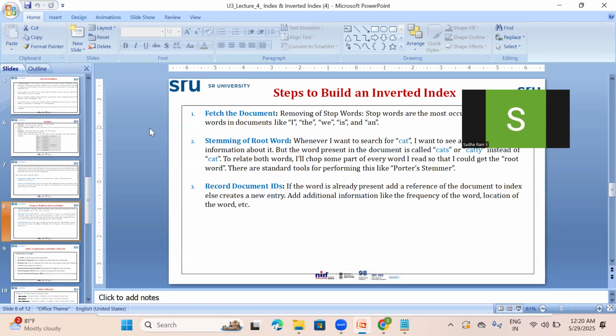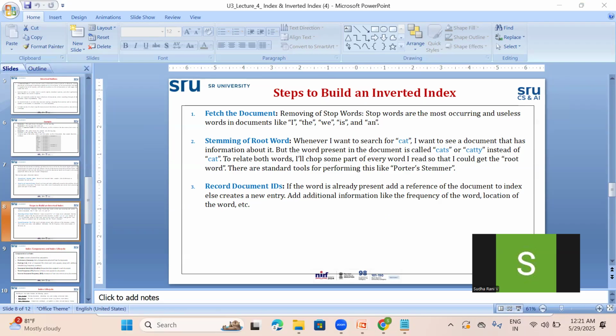Stemming of root words. Whenever we want to search for cat, we want to see a document that has information about it. But the word present in the document is cats or catty instead of cat.